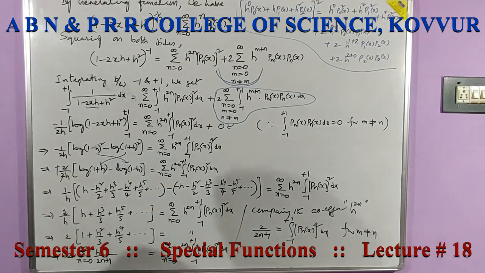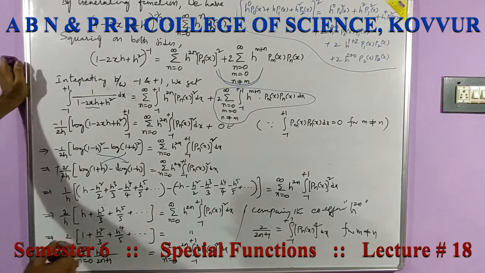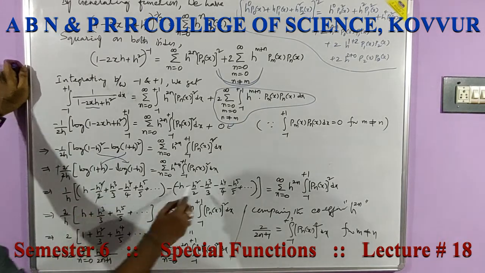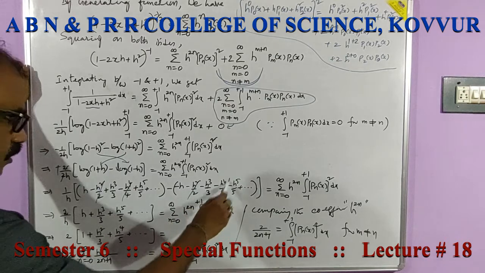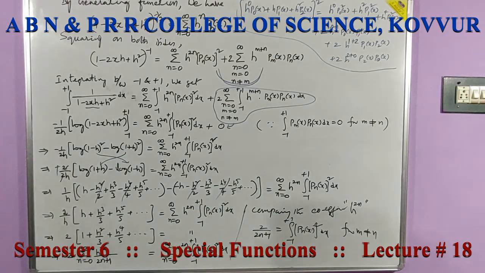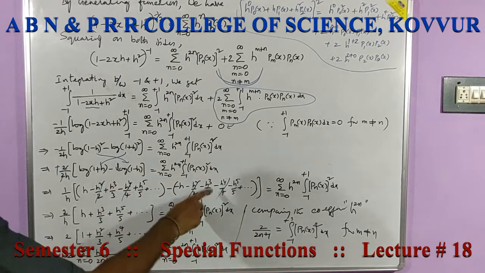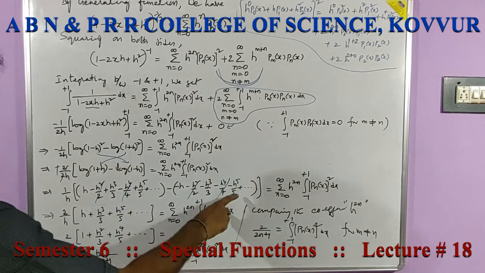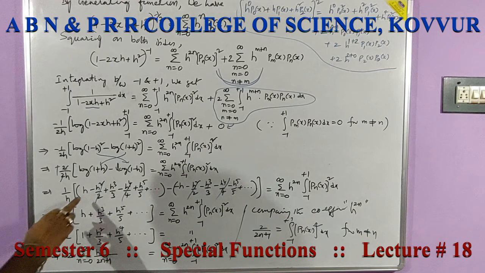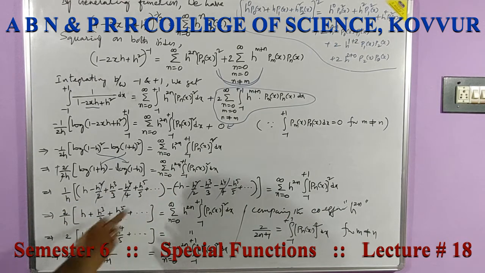Finally these terms get cancelled, the h square terms go. So you have h plus h, h cube by 3 plus h cube by 3, h power 5 by 5 plus h power 5 by 5. So 2 into h plus h cube by 3 plus h power 5 by 5, and so on.